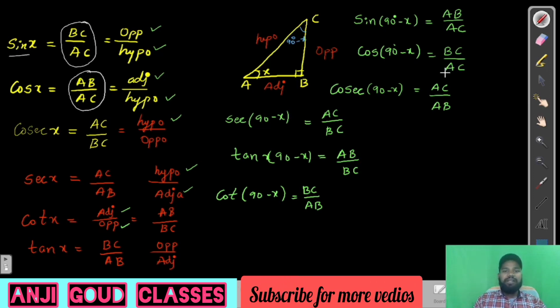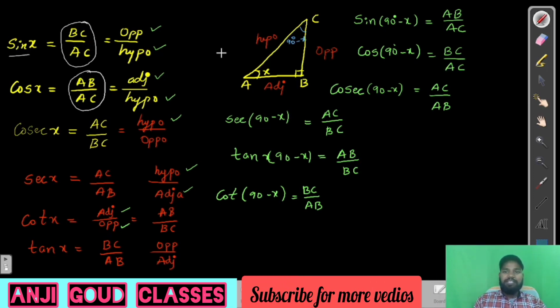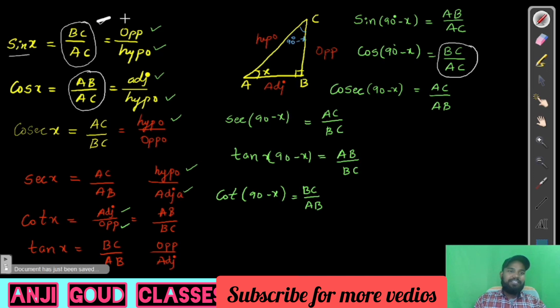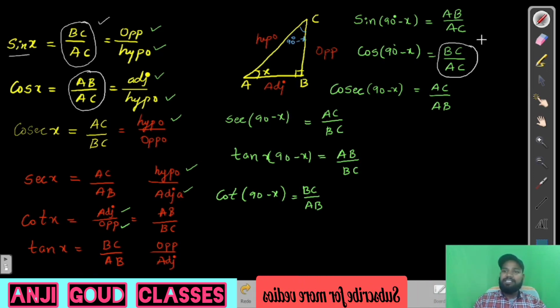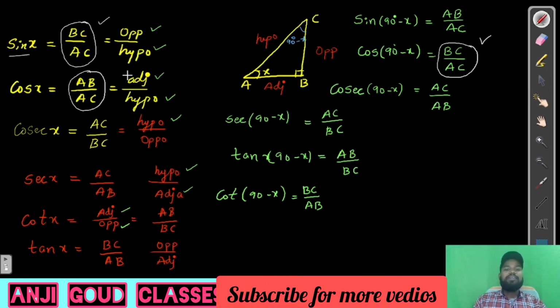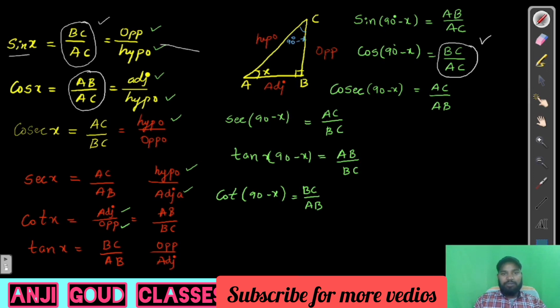By this you will understand one thing: sin x becomes cos. Here BC by AC and here BC by AC. So these are trigonometric ratios for complementary angles. It is a relation here.